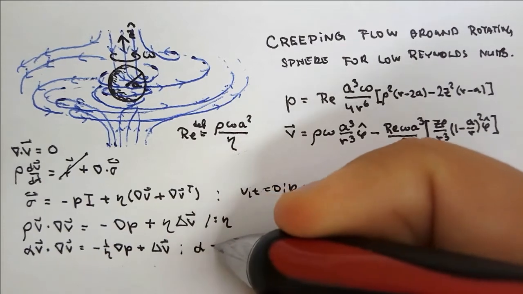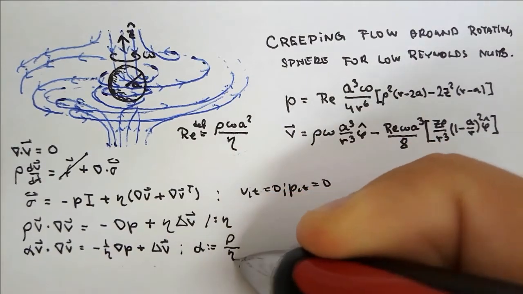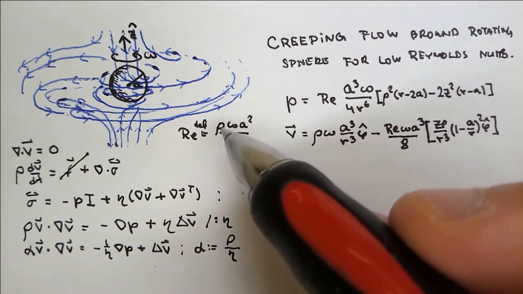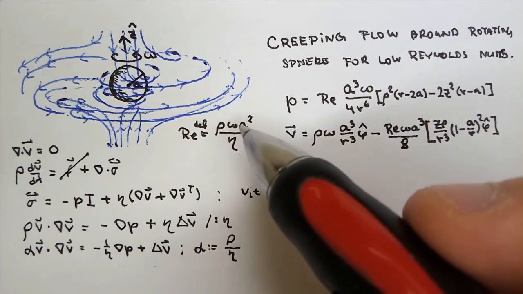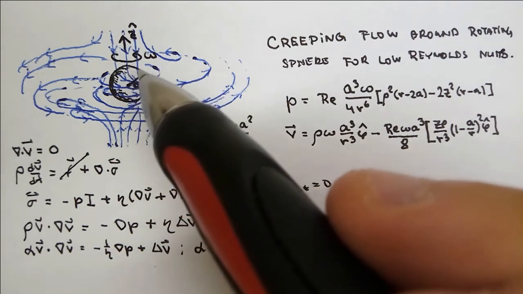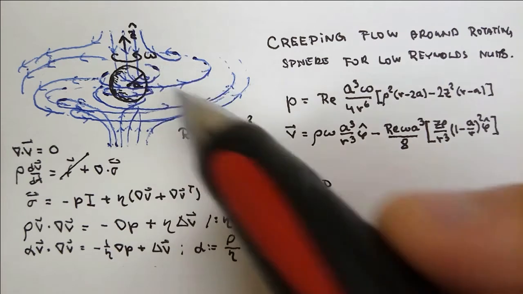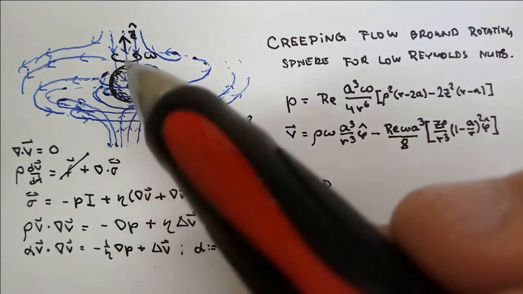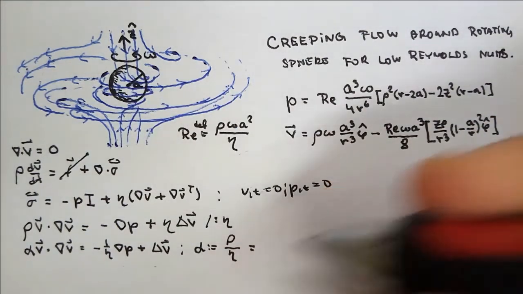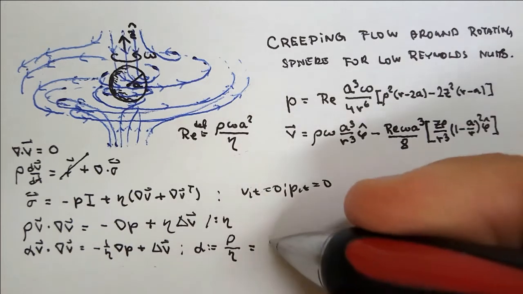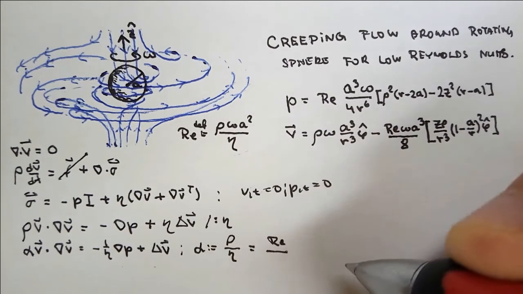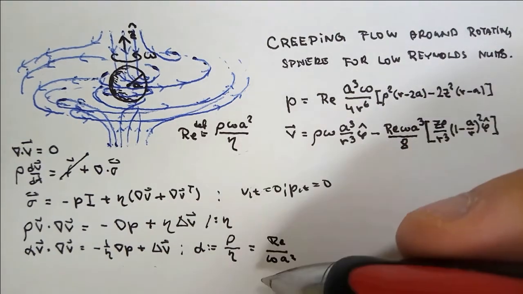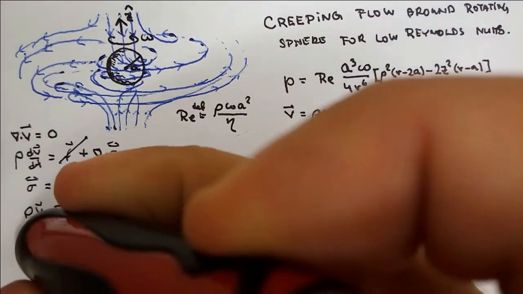Alpha will be defined as the density of the fluid divided by viscosity, and we have defined the Reynolds number as the density times the characteristic velocity, which we will stick to a times omega, the velocity on the equator of the sphere, times a, the radius of the sphere. So this is going to be, if you can see, the Reynolds number divided by omega a squared. This is the correspondence.